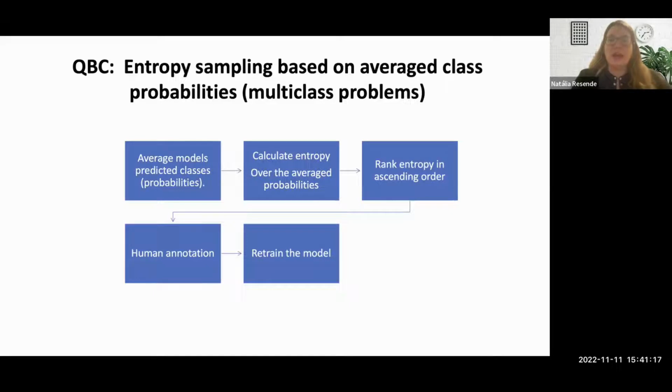After that, you are going to select from the pool the instances with the highest entropy score for human annotation. And after human annotation, you are going to send this set of newly labeled data to the model for retraining. Does that make sense? Okay.